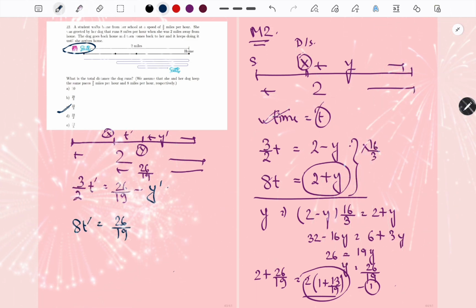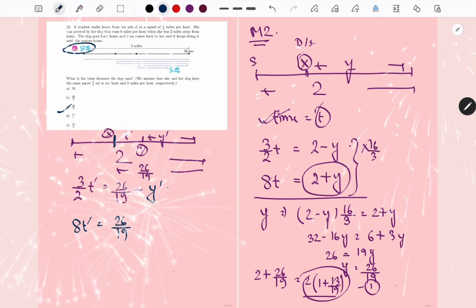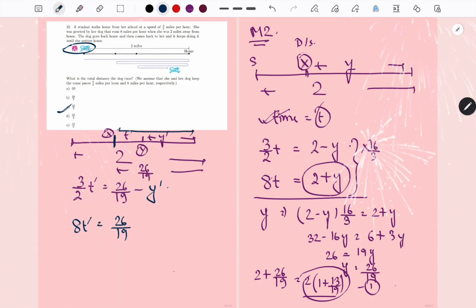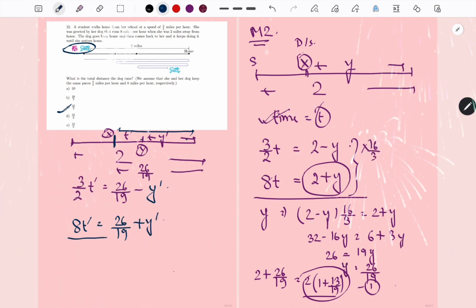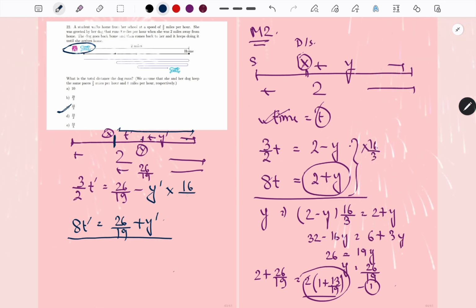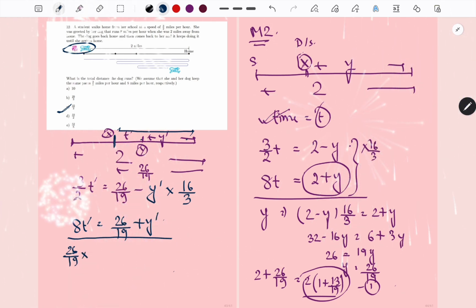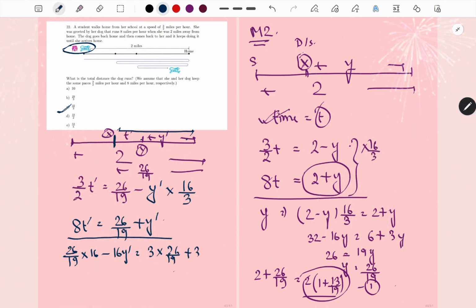26 by 19. Since the dog would cover what distance? He would start from here, go till this place and again come back y dash. So this will be y dash again. This is the same equation, so we have to eliminate t dash. How do we eliminate? Multiply by 16 by 3. So we'll say 26 by 19 into 16 minus 16y dash is equal to 3 into 26 by 19 plus 3y dash.